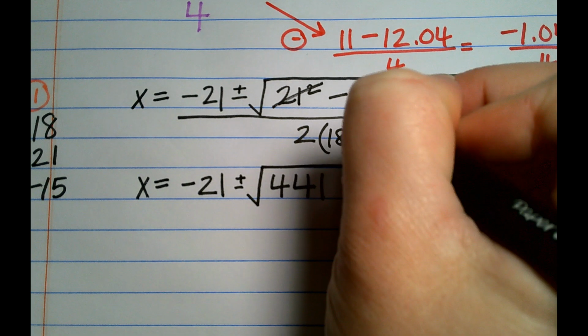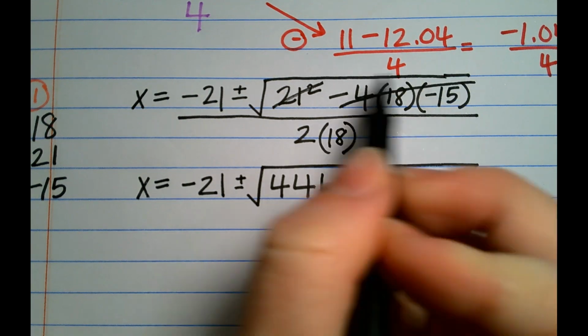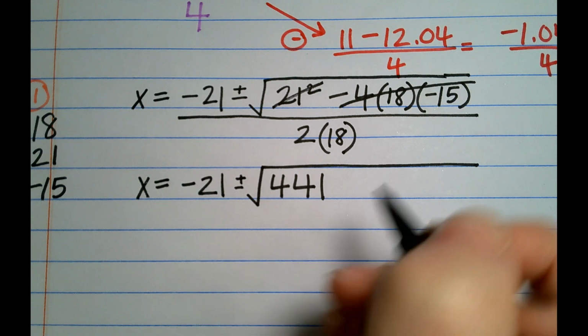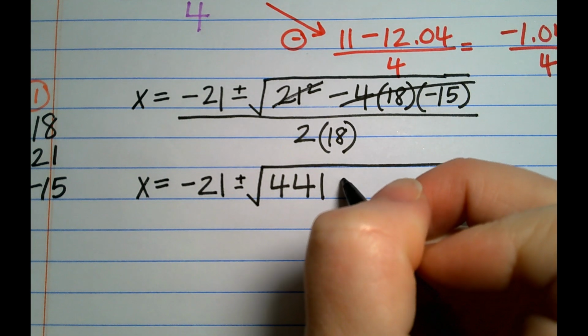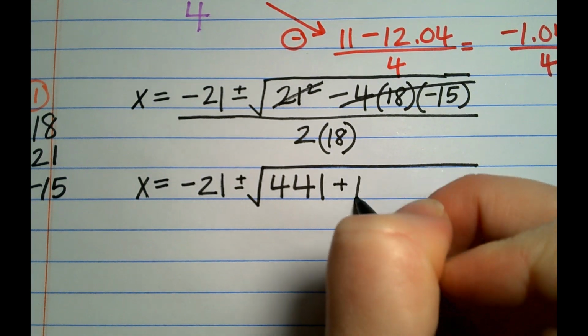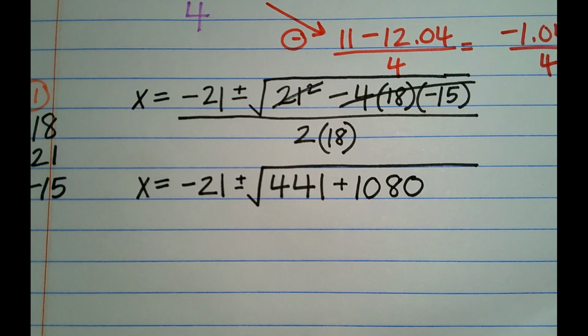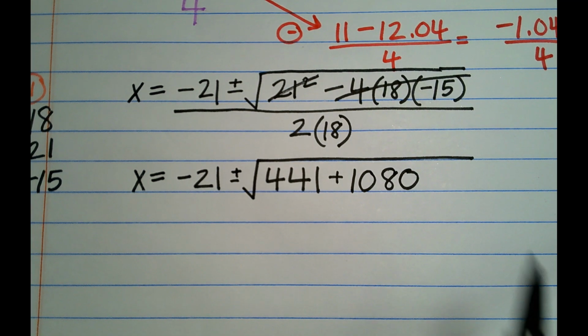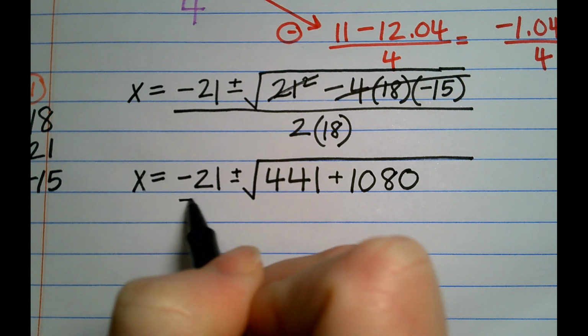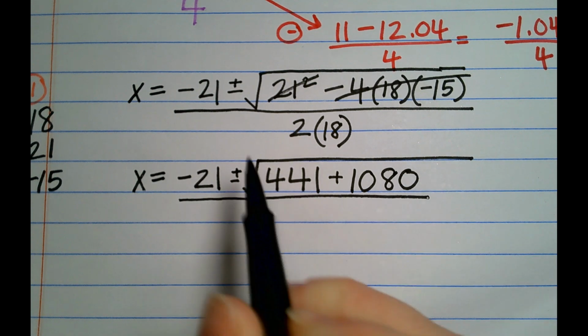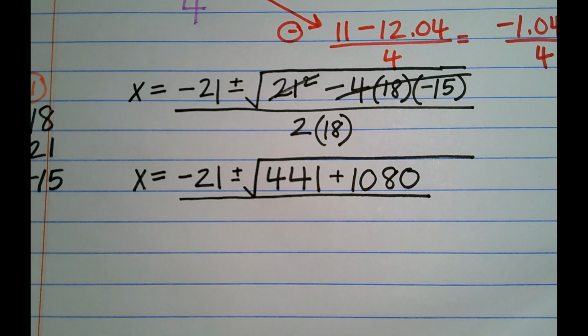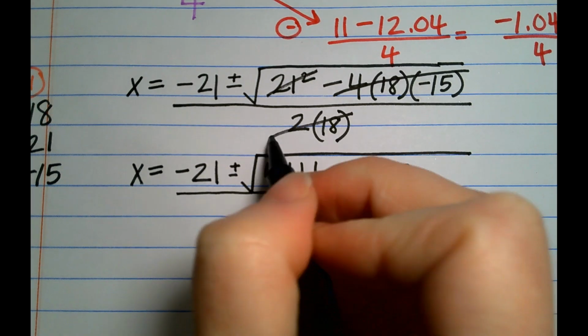Now we got a positive answer because there were two negatives that canceled each other out. So we're not going to write minus 1080, we're going to write plus 1080. And all of that is divided by, what's 2 times 18? 36. Good.